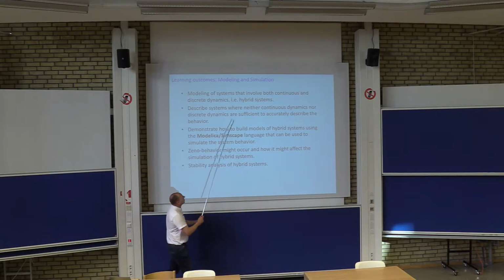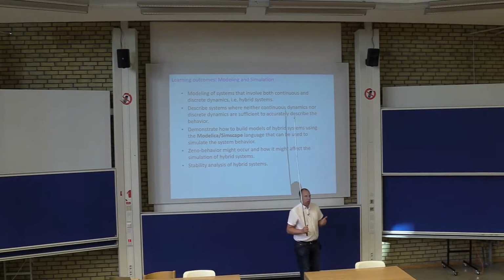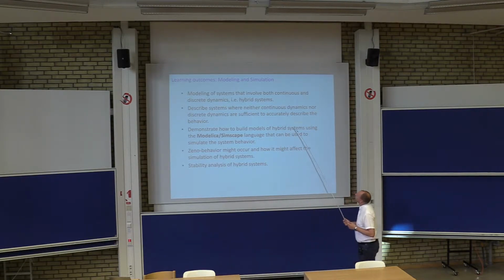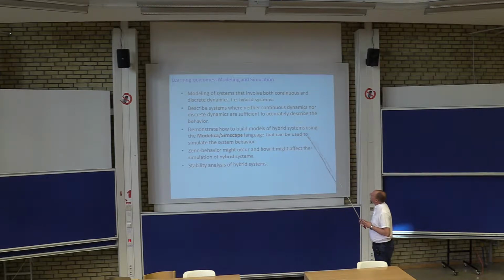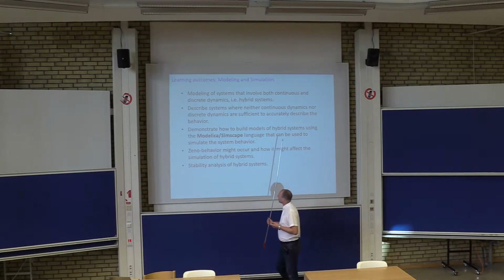We talked about how to both model those systems and how to simulate them. We will come back to that and talk a little bit more about it. And we looked at how you can model those in Simulink, but also how it can be done in Modelica and Simscape.